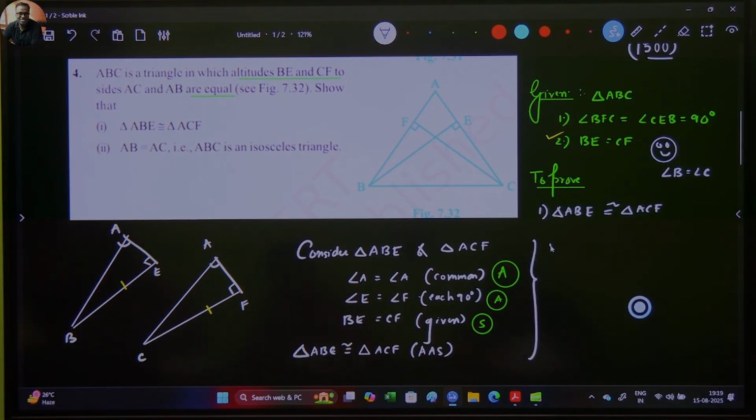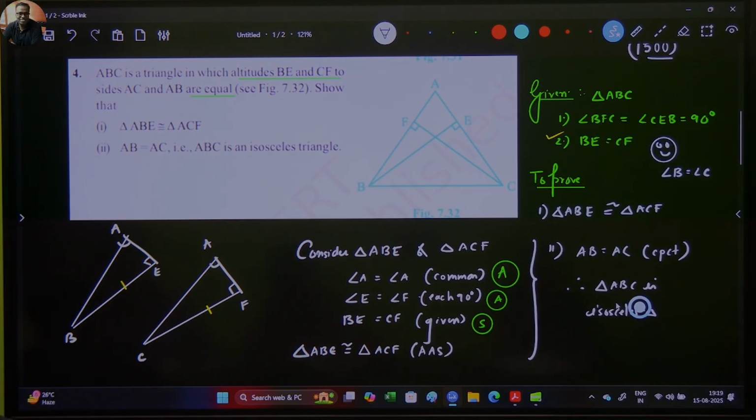And the second part we have to prove what? AB equal to AC. Now AB will be equal to AC, corresponding parts of congruent triangles. Therefore, triangle ABC is isosceles. ठीक है? भाविया मैडम समझ में आया तो? All of you understood?